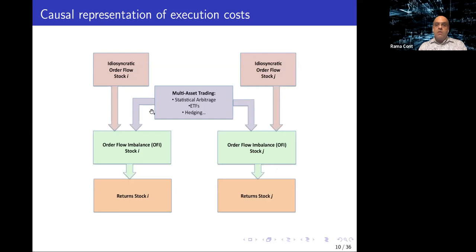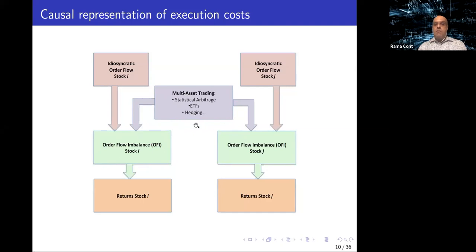But there are other market participants engaged in multi-asset trading strategies involving indices, other stocks, and so on. These strategies also generate orders for stock I and stock J and all the others, and so they feed into the order flow imbalance. What drives the price of the stock is just the aggregate order flow imbalance, the algebraic sum of all these buy and sell orders.